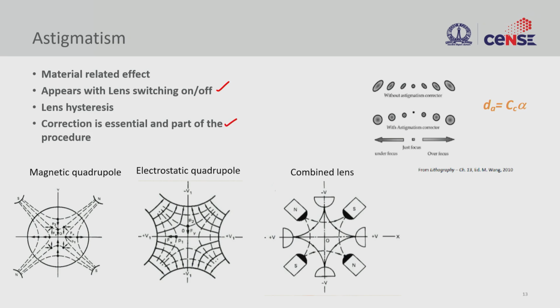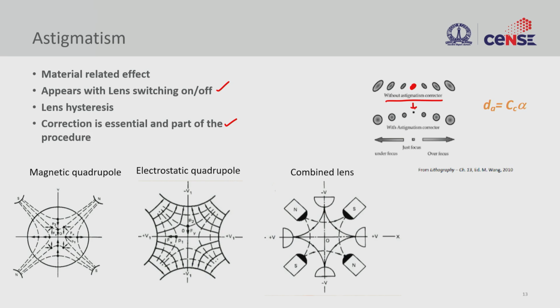There is no fixed solution to this, unlike optical lithography, where you fix the lens and then it should do its job unless the alignment goes off. But here you have to constantly correct it. So on the right top, what you see is the effect of astigmatism. Without astigmatism correction, you have best focus, but the spot size itself is pretty large, unlike the one with correction.